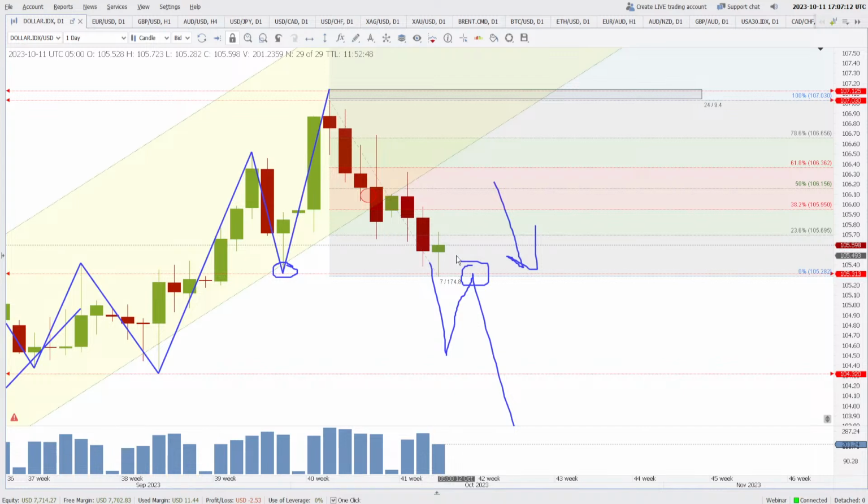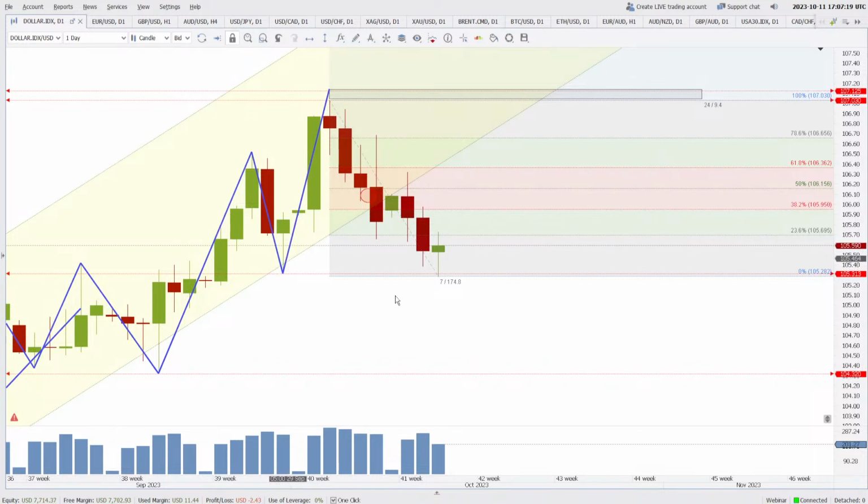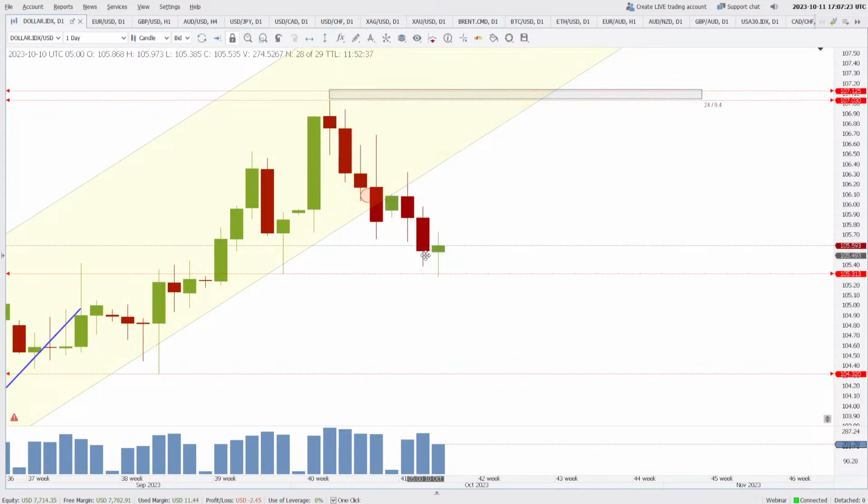Why I'm saying so, you see, we know that here the market was in an uptrend, and while this move was going down, here this market was in an uptrend.